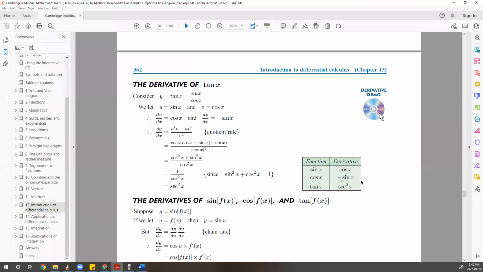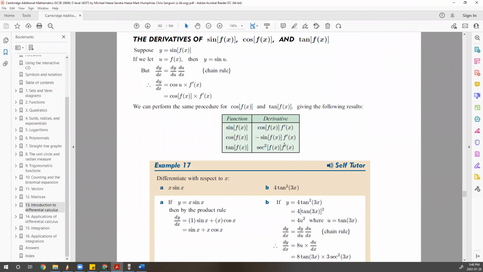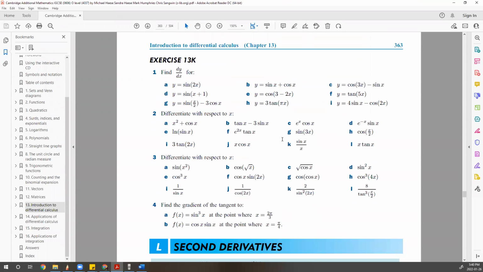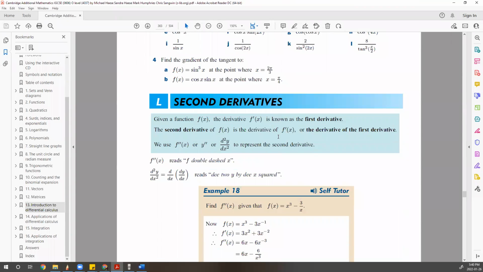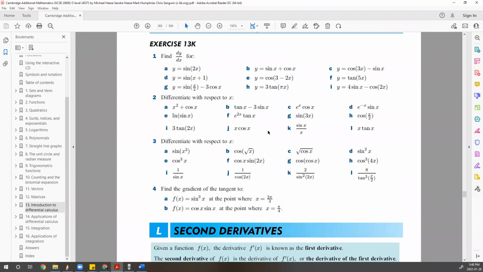Totally same, using the chain rule in trigonometric perspectives. The second derivative is also totally the same. Why? Because you just differentiate the first derivative and go further.